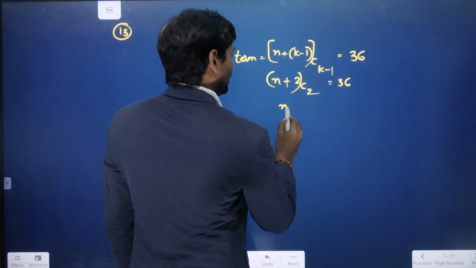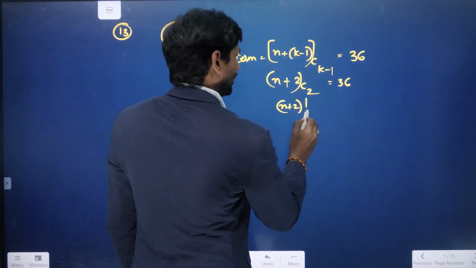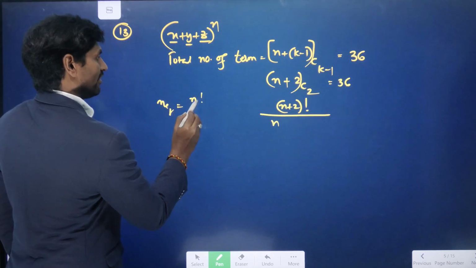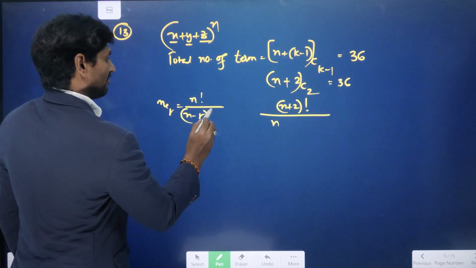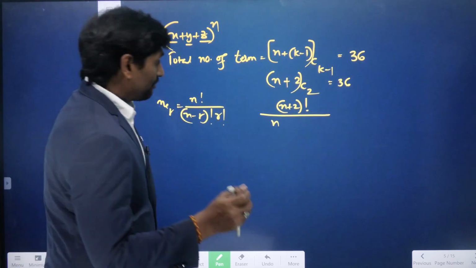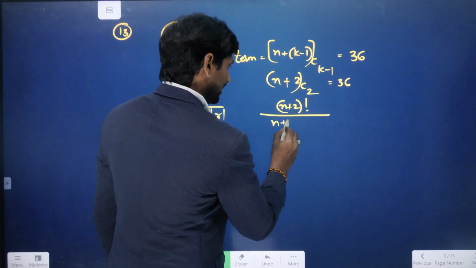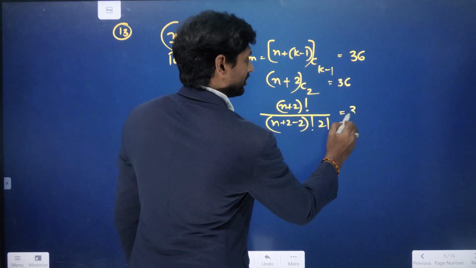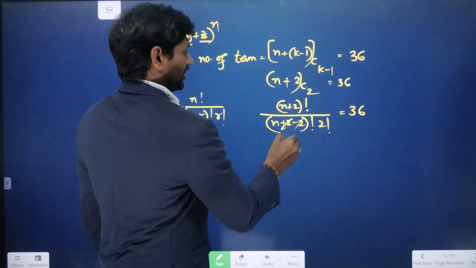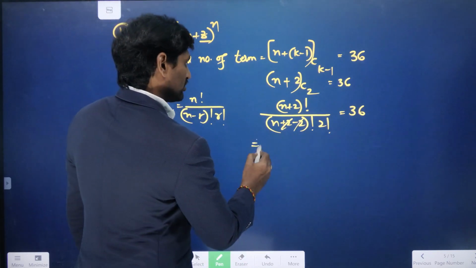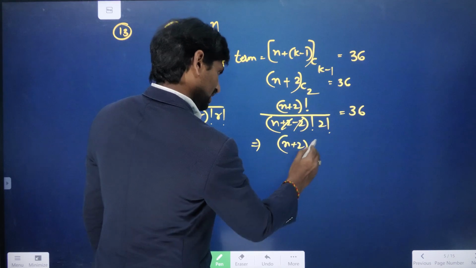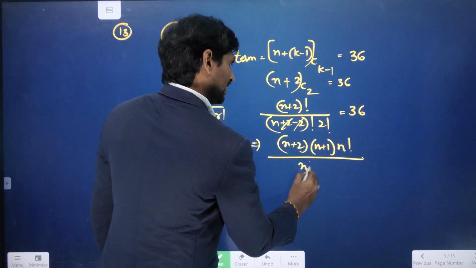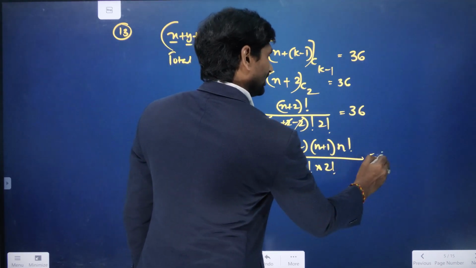So this we can write with the nCr formula. What is the nCr formula? n factorial by (n minus r) factorial into r factorial. Same like that, (n plus 2) factorial by n factorial into 2 factorial equals 36. Here minus 2 plus 2 cancel. (n plus 2) factorial we can write as (n plus 2) into (n plus 1) into n factorial, where the denominator is n factorial into 2 factorial, equals 36.